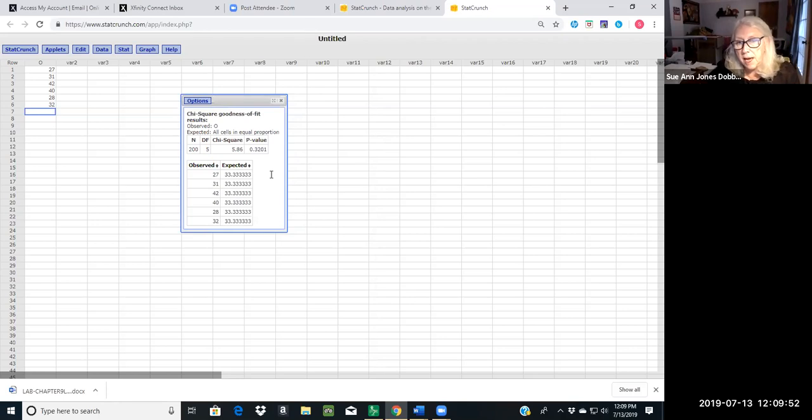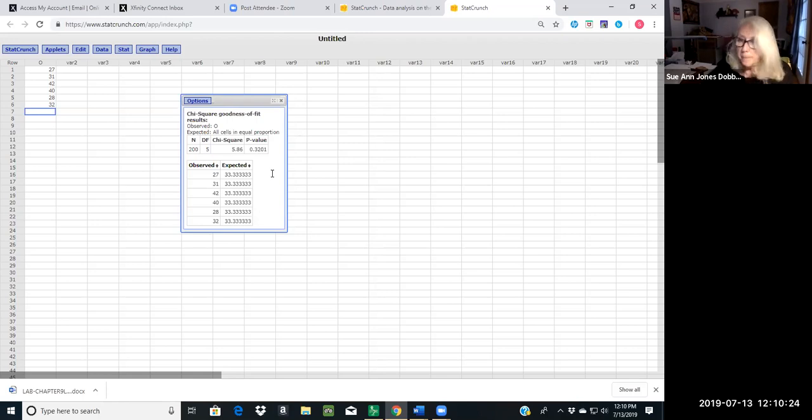So in this case, you would be saying that the p-value of 0.3201 is less than or greater than, you have to ask yourself that question, the alpha value, which was 0.05, okay? Clearly this p-value is greater than that alpha value, and that means that you fail to reject the null hypothesis, okay?